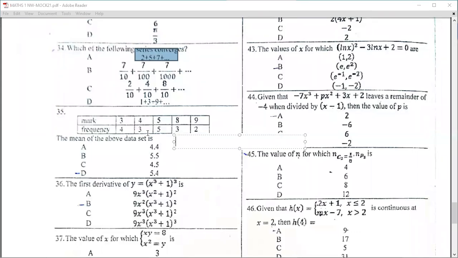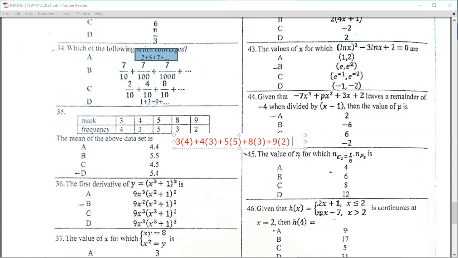The mean is each score times its frequency. So we'll have 3 times 4 plus 4 times 3 plus 5 times 5 plus 8 times 3 plus 9 times 2.